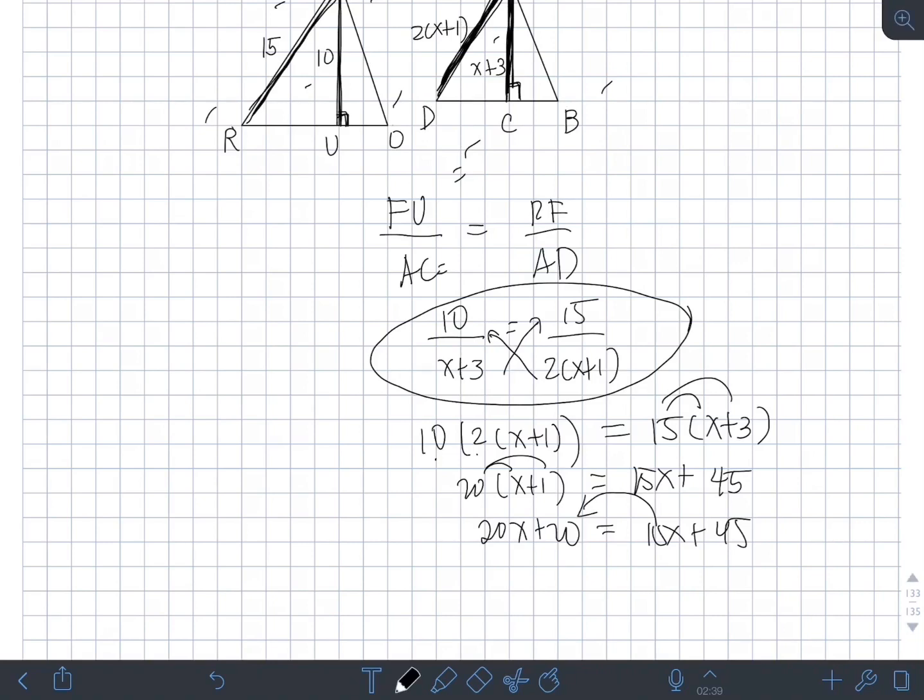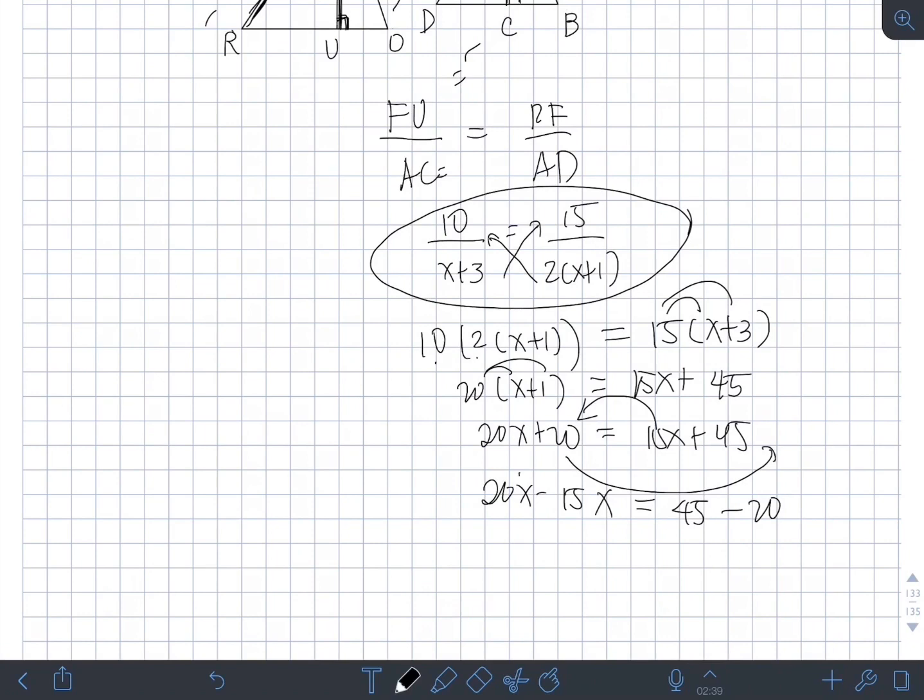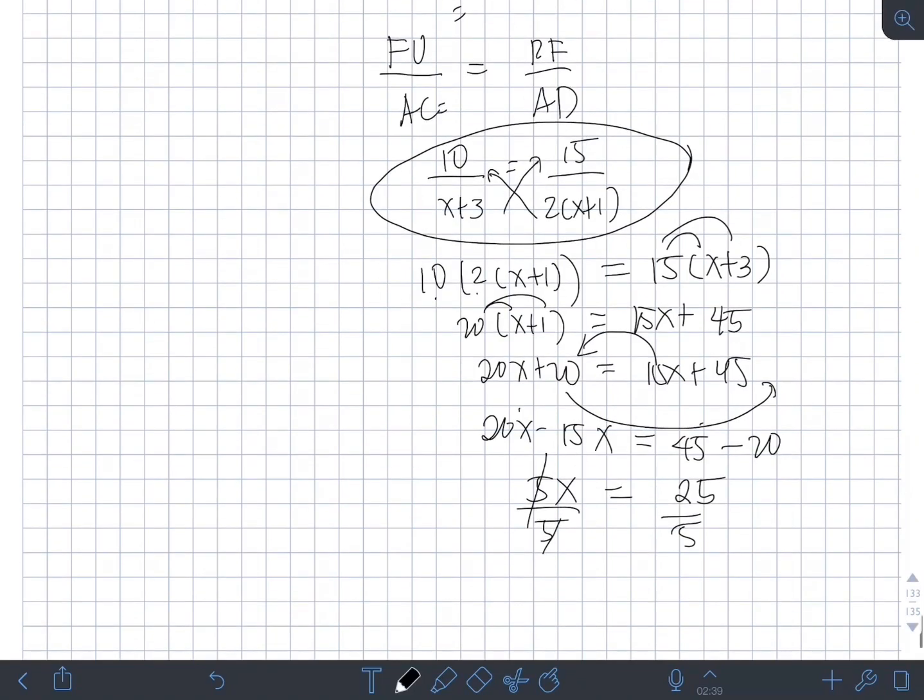So, transpose ko itong 15 sa left and then itong 20 sa right. So, magiging 20x minus 15x is equal to 45 minus 20. Now, 20x minus 15x is 5x equal to 45 minus 20 is 25. Dividing both sides by 5 to solve for x, x now is equal to 25 divided by 5 or 5. So, ito pa lang yung value ng x.